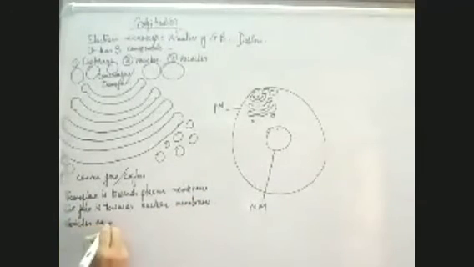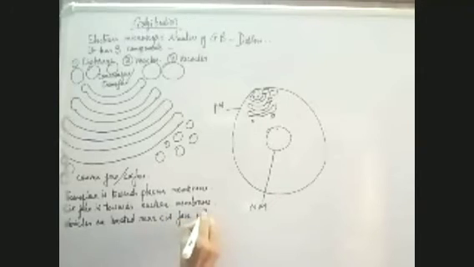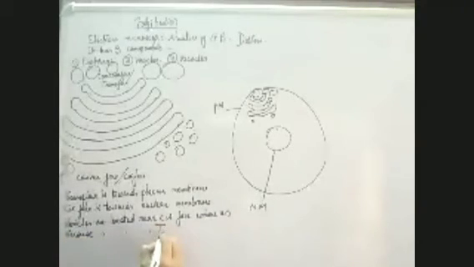Vesicles are located near the cis phase, whereas vacuoles are located near the trans phase. This is another point that we are looking at.